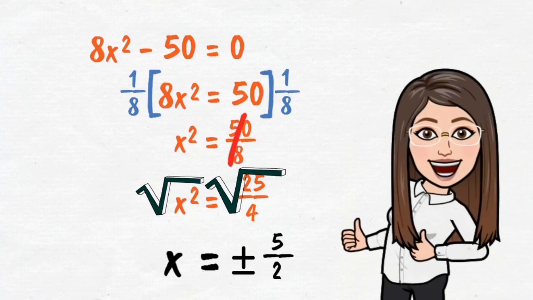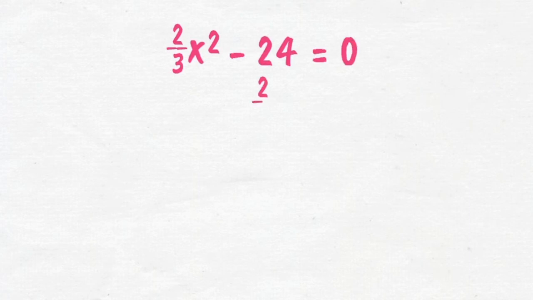Did you get it? Okay. Here's one last example. 2/3 x squared minus 24 equals 0. We repeat the steps in isolating the quadratic term. Notice that the numerical coefficient of the quadratic term is a fraction. Don't be scared, the process is just the same.